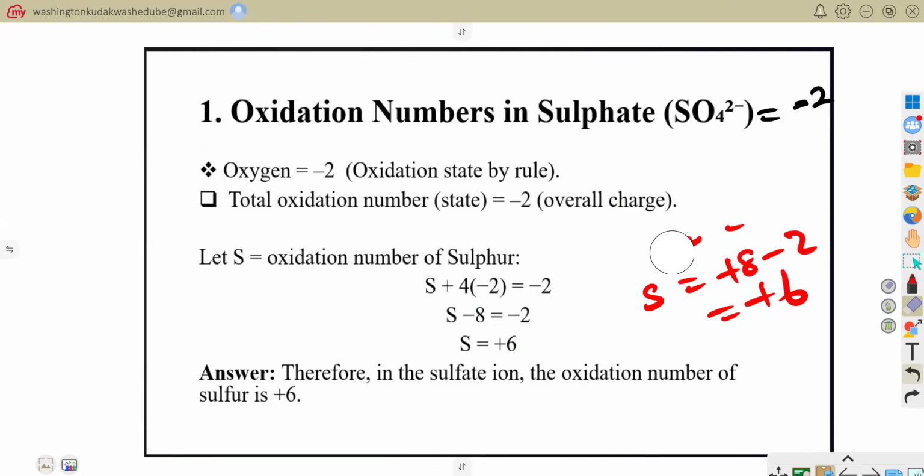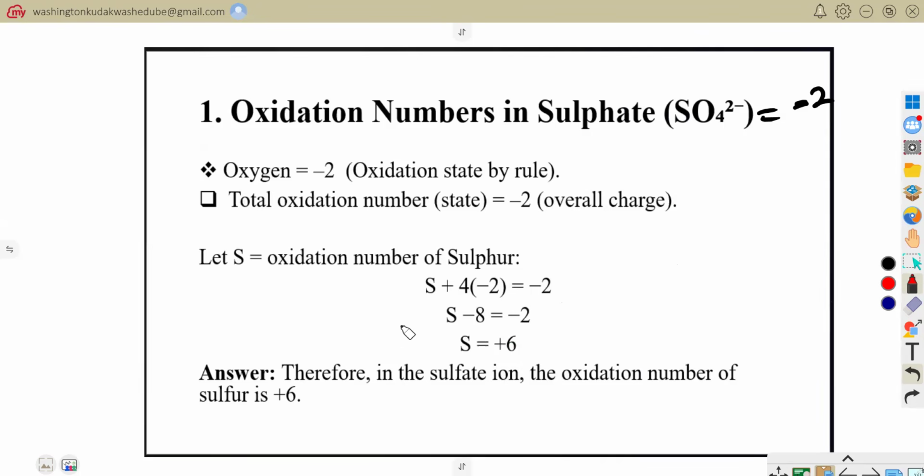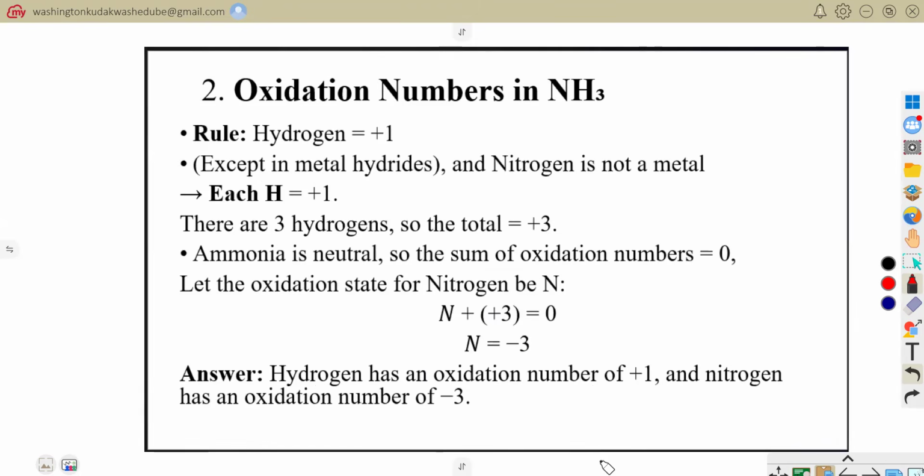There is no need to quote rule number 1 or rule number 2. You just need to understand the rules and be able to apply them when solving. So the answer here is that in the sulfate ion, the oxidation number of sulfur is +6.